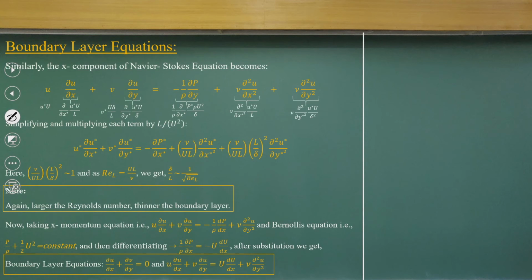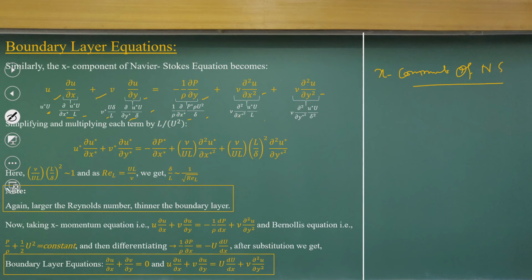Now, if you look at the x momentum equation, the x momentum component of the Navier-Stokes equations along the x direction, as we have derived it, and we substitute each non-dimensional term.